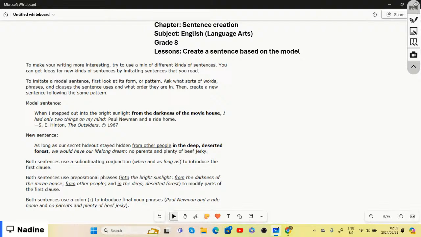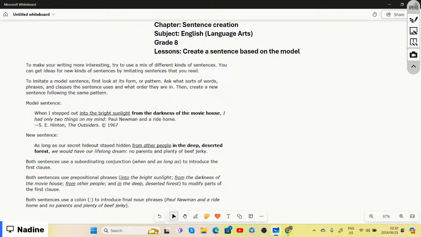So our model sentence says, "When I stepped out into the bright sunlight, so that means you're describing the sunlight, from the darkness of the movie house, I had only two things on my mind: Paul Newman and a ride home." So that is our model sentence.